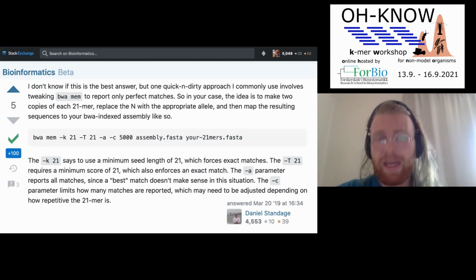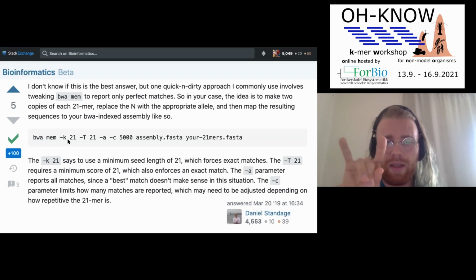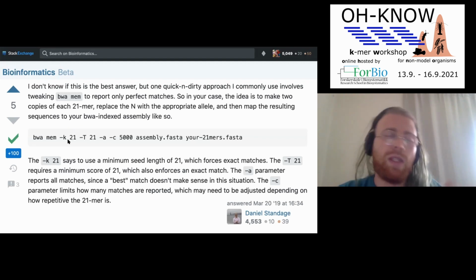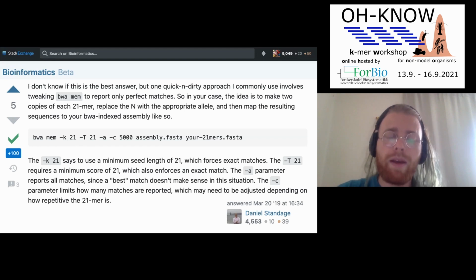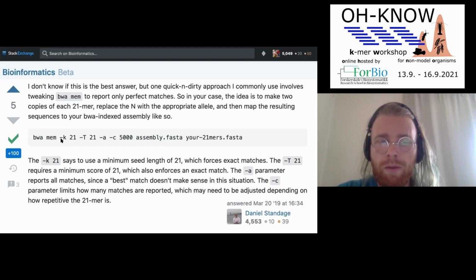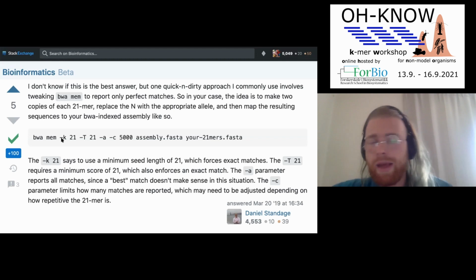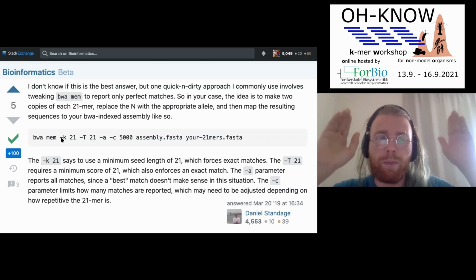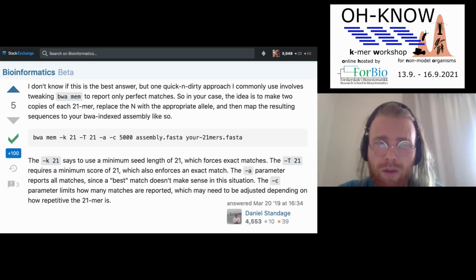Basically the hack is that you're just exploiting the fact that you can set the size of the seed. So we're saying that every single read, which is not a read but a k-mer, will start the alignment anywhere in the genome only if it matches by 21 consecutive bases.